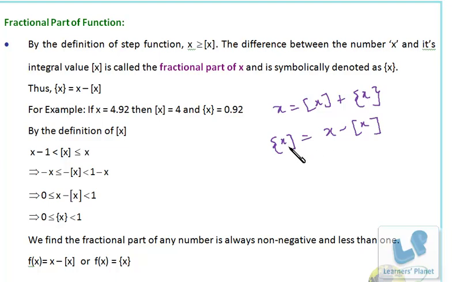Now the fractional part lies between 0 and 1 obviously, okay, because any fraction is greater than or equal to 0 and less than 1, not equal to 1 but less than 1, right? So the fractional part is greater than or equal to 0 and less than 1. Okay, I can take an example over here. 2.3 is equal to 2 plus 0.3. That is the integral part, that is the fractional part. Okay.